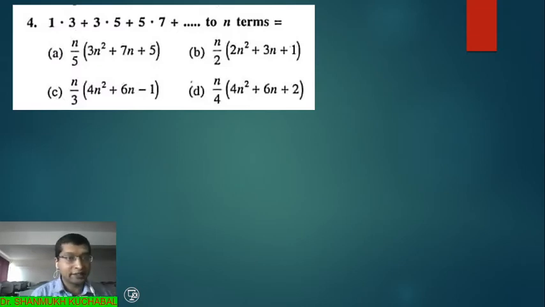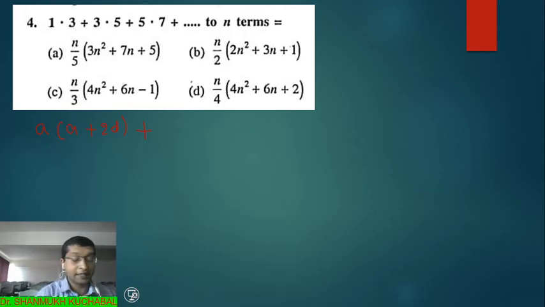Now we'll move to our next example. It is 1 into 3 plus 3 into 5 plus 5 into 7. So this is in the form of a plus 2d, like that. So these are the terms we are going to find out. A, next we have to add 2 like that, and so on. So a plus 2d, then a plus 4d, we get it.